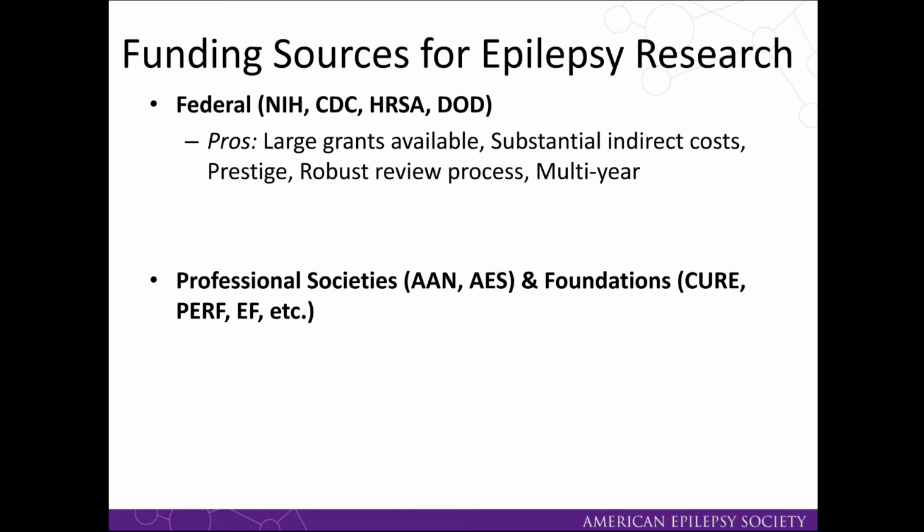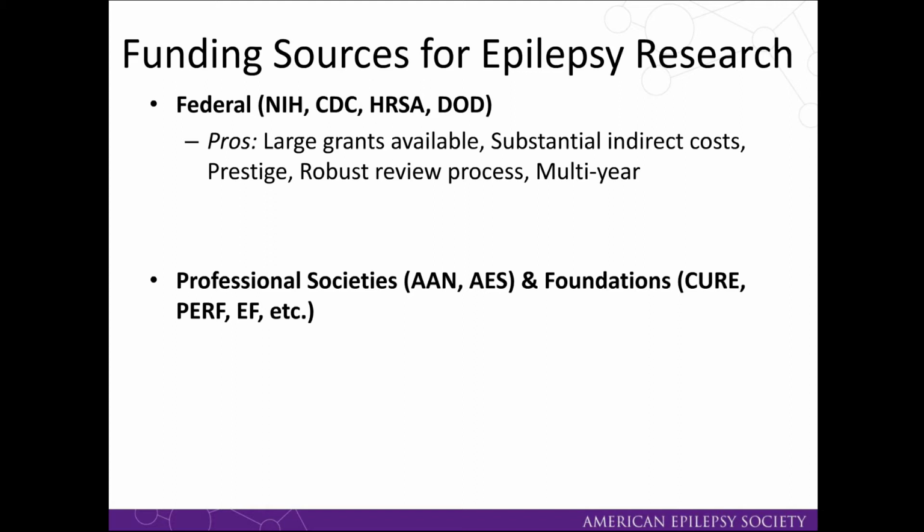So for federal grants, the main pro is that the dollar amounts are big. There's substantial indirect costs, and so for those of you in academic institutions, the dean's office is very happy when you get federal grants because those indirect rates are often pretty high. Federal grants are typically thought of as more prestigious.